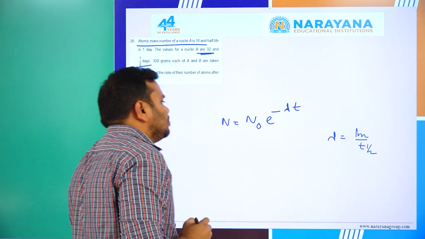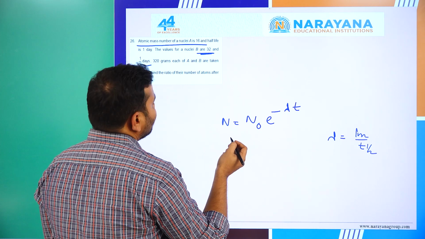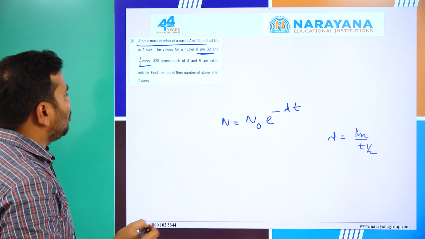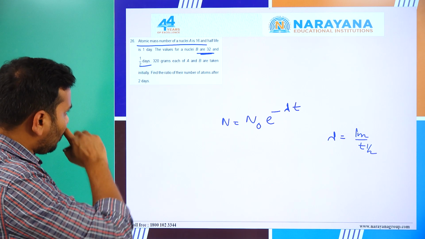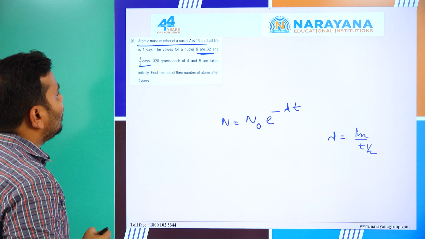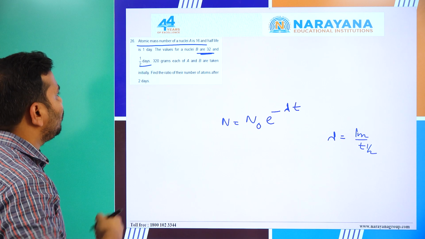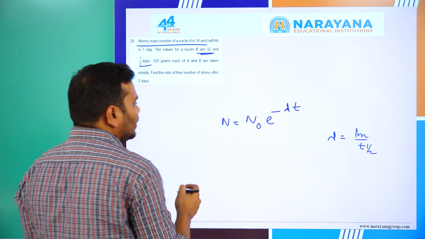Initially they haven't given the number of nuclei, but they gave the mass of the sample, both are 320 grams only. The number of nuclei you get by dividing 320 grams by the mass number, right.